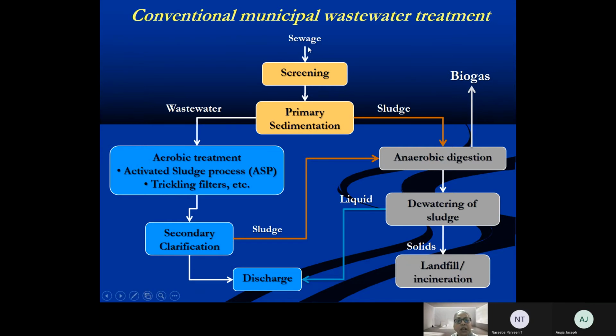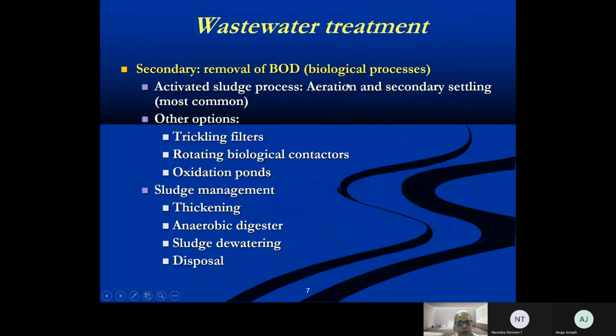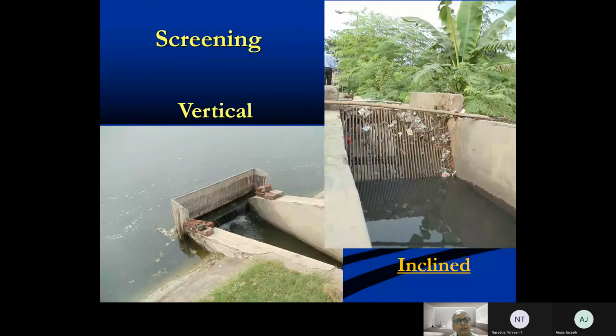So this sewage, when it enters the wastewater treatment plant, it goes through screens. And I'll show you an example of those screens. These are screens. They can be vertical or they can be inclined. And you can see that they stop all kinds of large, what we call large objectionable solids, which are removed.